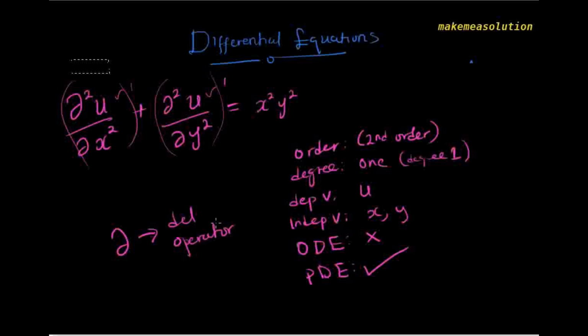So this brings us to the end of this video. Thank you for watching. I hope you've learned how to identify the order, the degree, the dependent variable and the independent variable. Leave comments in the comment section in case there's something you don't understand, and I'll explain it more in another video. In the next video we'll learn how to form ordinary differential equations, and we'll keep learning how to solve them.